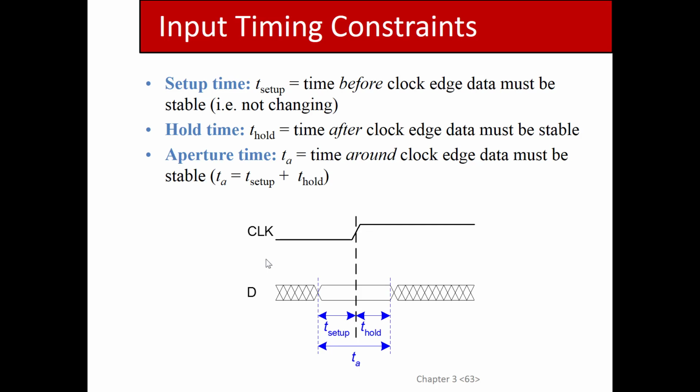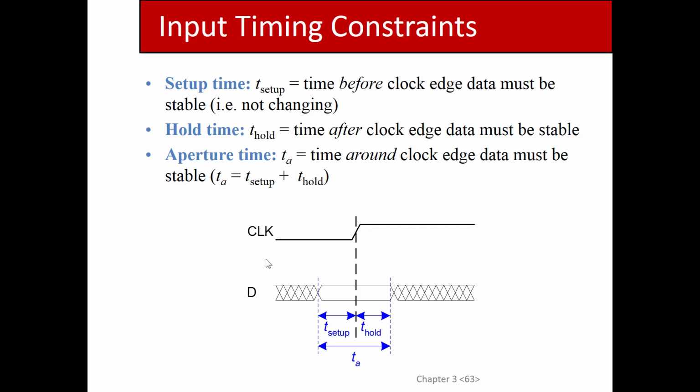But as long as you don't change the input inside of this period of time, this aperture, then the register will behave in a predictable way, and it will update its Q according to the propagation and contamination delays associated with the register or flip-flop. You guys with me? Does it make sense? In other words, it'll be predictable as long as you don't break this rule.